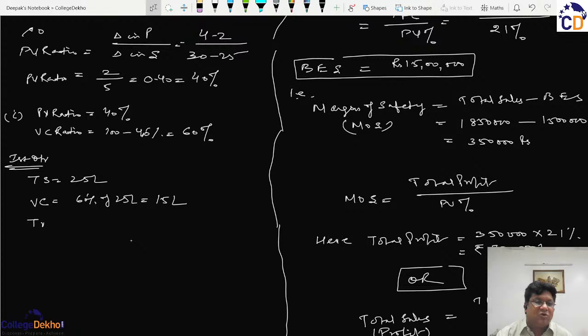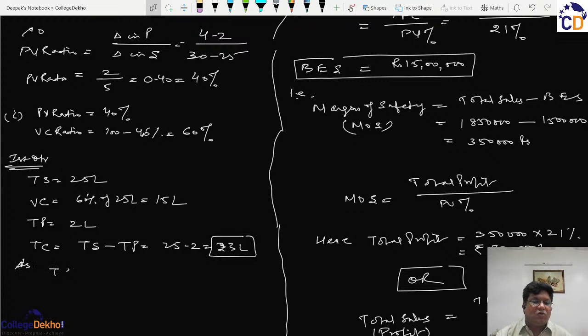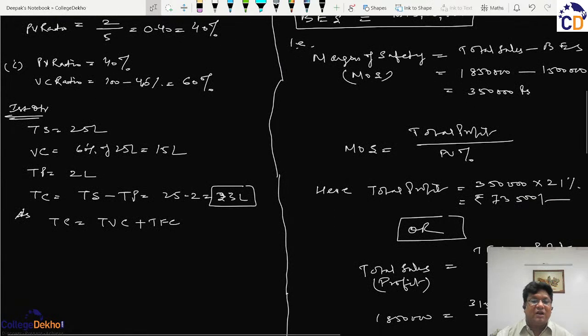And because the total profit of the business was 2 lakhs, we can say that the total cost will be equal to total sales minus total profit, that is 25 minus 2, that is 23 lakhs. And as total cost must be equal to total variable cost plus total fixed cost, and all these concepts have been discussed in our earlier sessions.